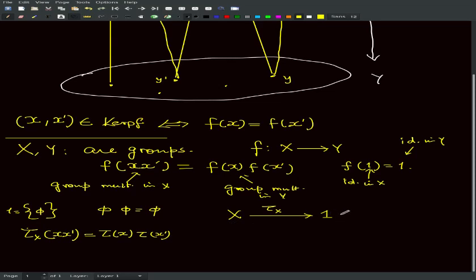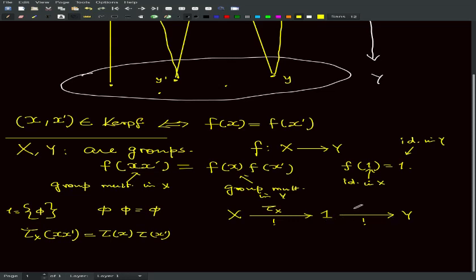But there is a unique function also. This is unique, we know. There is also a unique function the other way. What does it do? There is only one element, which is its identity.